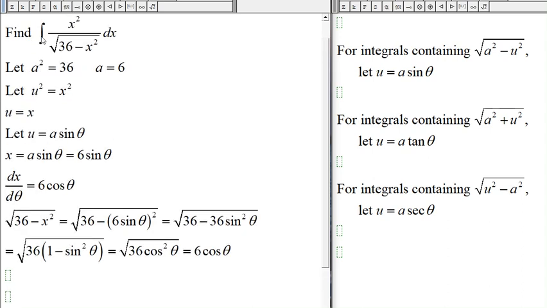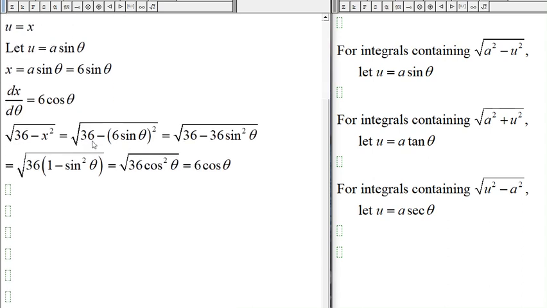So our integral then becomes x squared, but x is 6 sine of theta, so we have 6 sine of theta squared, and then the square root of 36 minus x squared is 6 cosine.